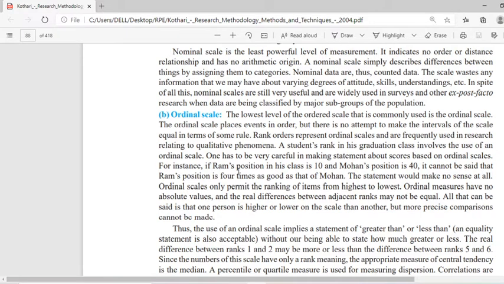For instance, if Ram's position in his class is 10 and Mohan's position is 40, it cannot be said that Ram's position is 4 times as good as Mohan's. The statement would make no sense at all. So we should be careful when we interpret ordinal scale values. We can assign numbers, but that should be meaningful. Okay.